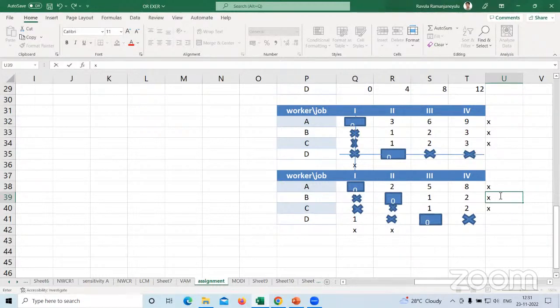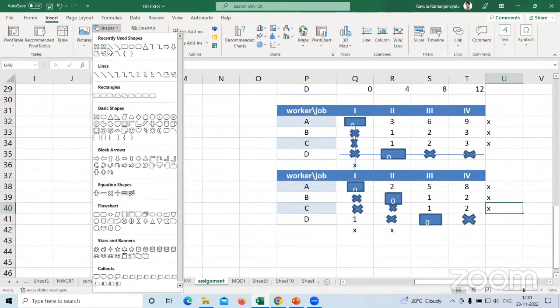Row wise, if you see, 3 rows have been marked with a tick. The fourth row did not get a tick mark, so only in the fourth row we need to draw a line.